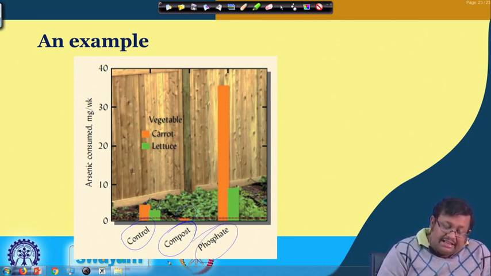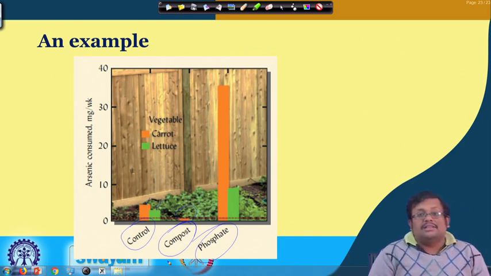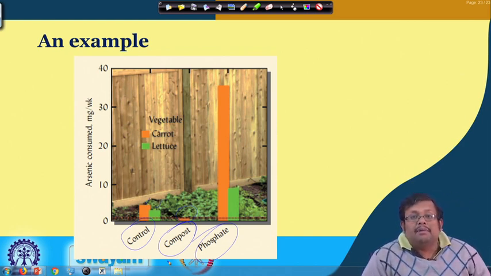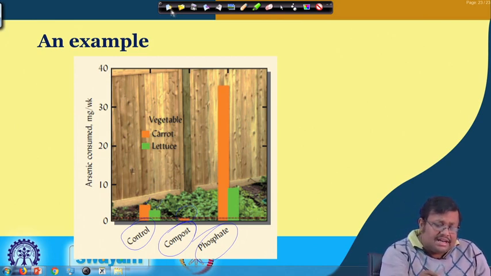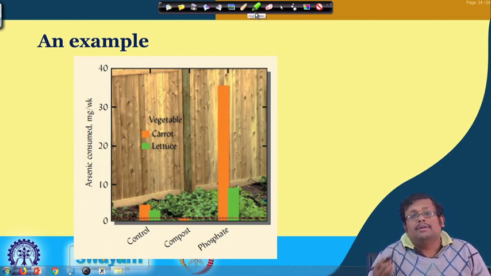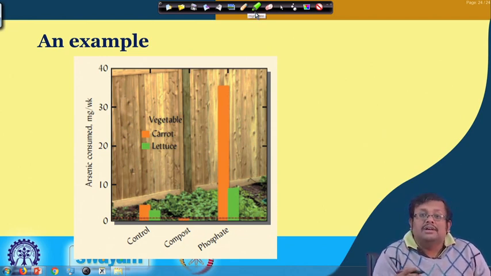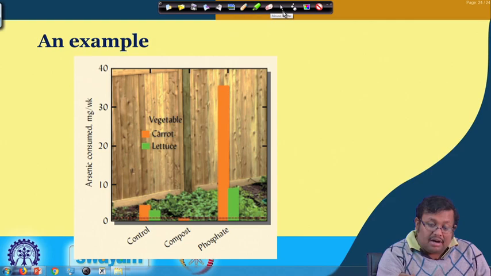However, when we add the phosphate, it gets enhanced, because arsenic can form certain compounds with phosphorus. So that shows how these elements get accumulated within different plants and plant parts.